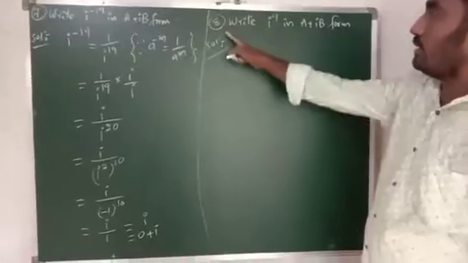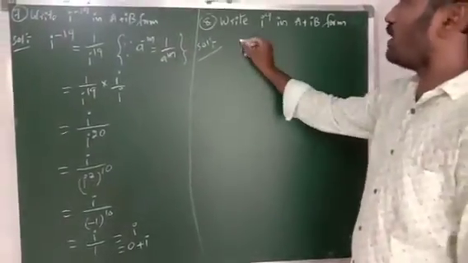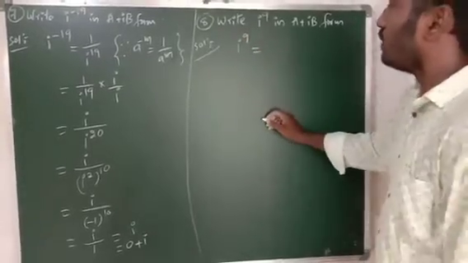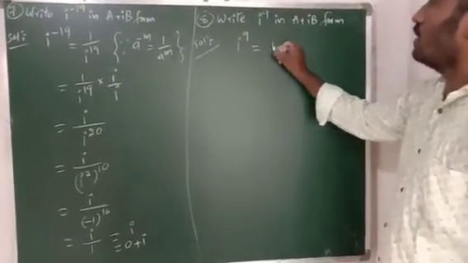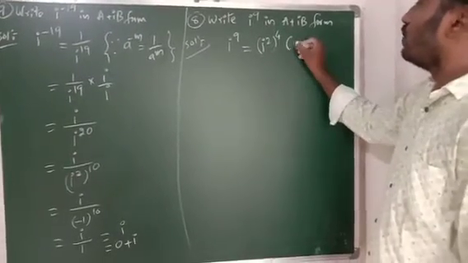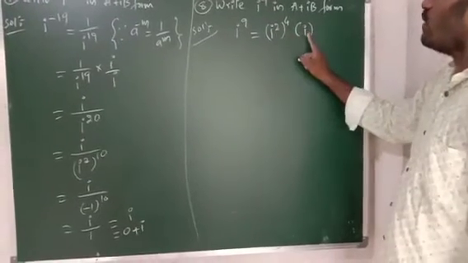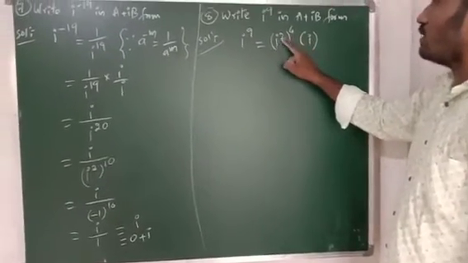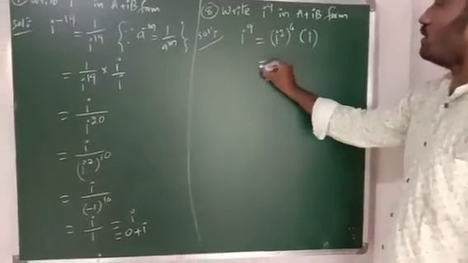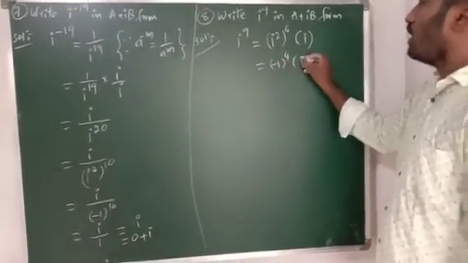Next, 8th problem: write i power 9 in a plus ib form. Now take i power 9. It can be written in terms of i square, so i square to the power of 4 into i. So i power 9 can be written as i power 8 into i, here 2 into 4 is 8. So this is equal to i square, whose value is minus 1, to the power of 4 into i.